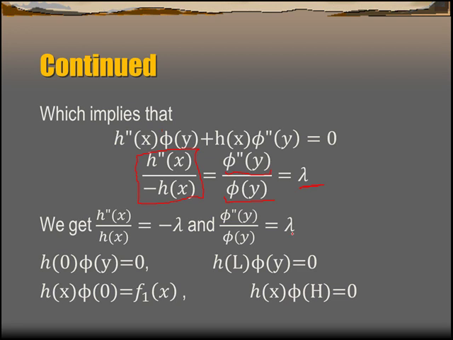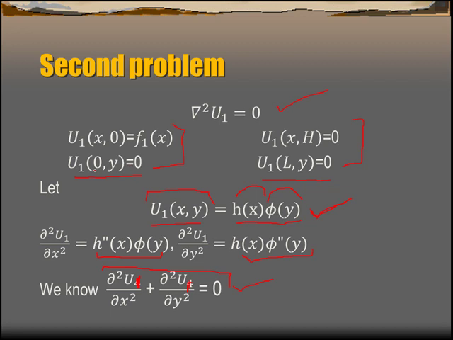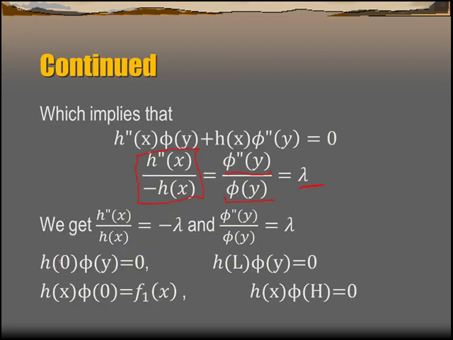Now what do the boundary conditions say? The boundary conditions are u at x is equal to 0 and y is equal to 0. This tells us h at 0 times phi at y is equal to 0. The first equation does not give us any information about h at 0. We cannot say that h at 0 is equivalent to 0.